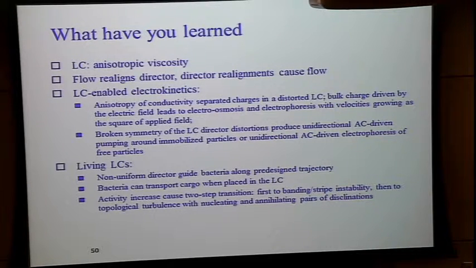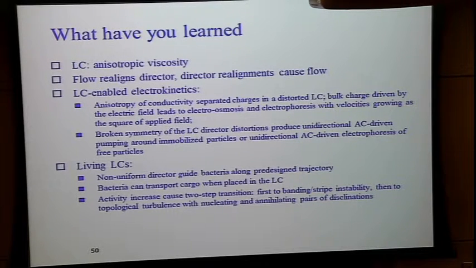If the director changes, it can cause a flow. The liquid crystal as the electrolytic medium leads to a new mechanism of electrokinetics, in which the charges and the flows are created not because of the properties of the particle that you would want to move, but because of the director distortions in the medium.